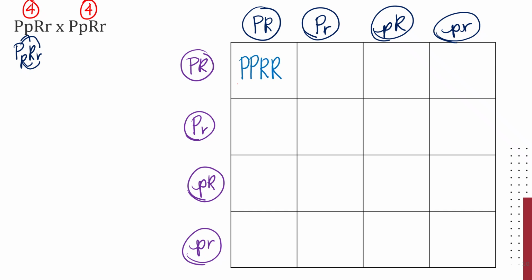And for each one, we're going to determine the phenotype. So this one is going to be purple and smooth. Let's go ahead and do another one. I'm not going to do all of them, but I'm going to give you an example of each one.